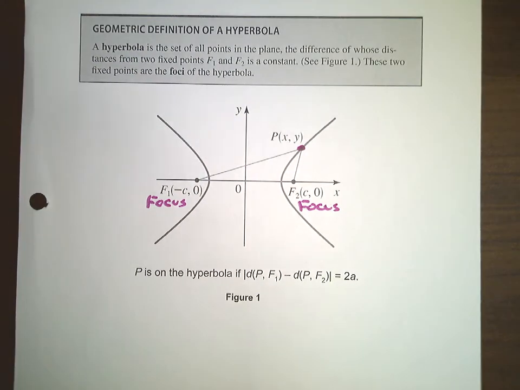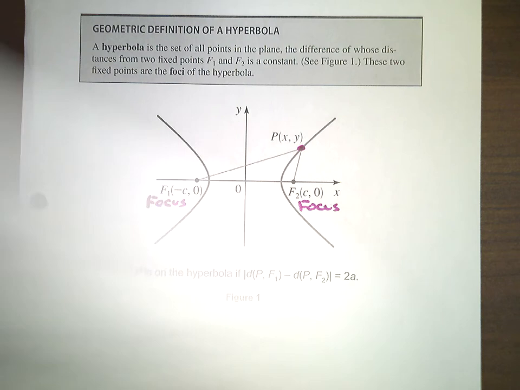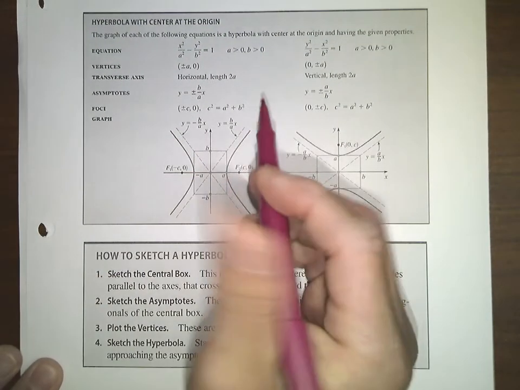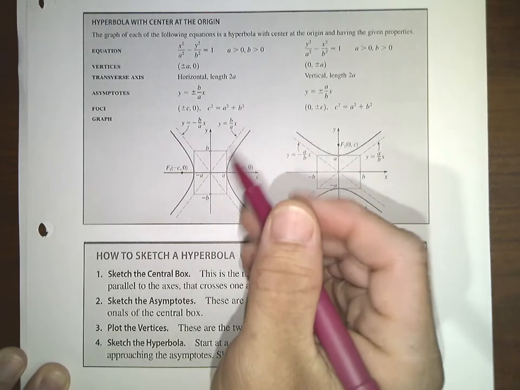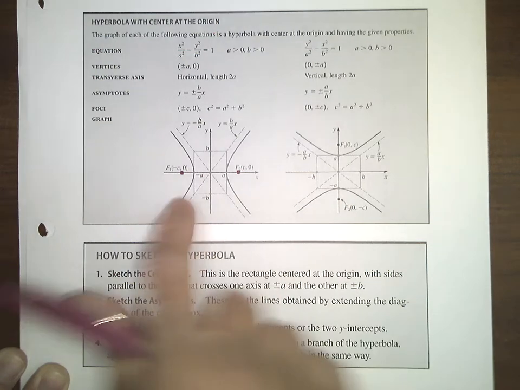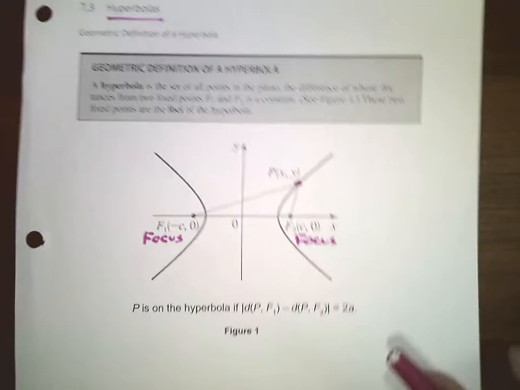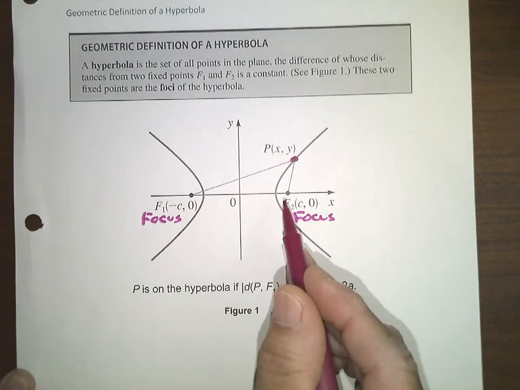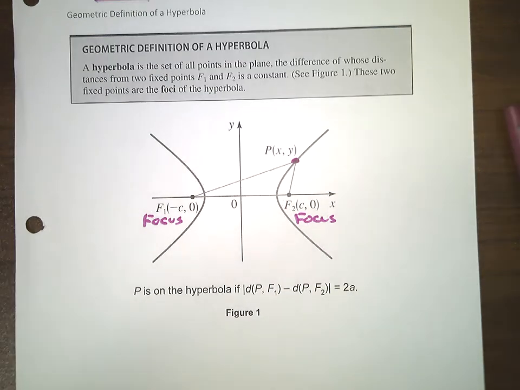So what is a actually equal to? Well, if you look at the next page here, you can see that if you have a hyperbola with the foci on the x-axis, like you have here, then you can see here that, well, here I'll show you again, because this is the strange part to me.